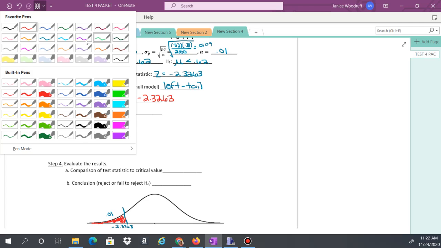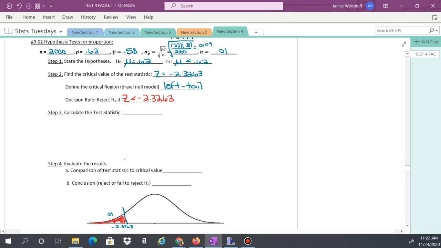So now we're going to calculate this. We're going to do z equals p hat minus p over the standard deviation of p hat, based on this data here. So our p hat is 0.58, our p is 0.62, our standard deviation of p hat is 0.0109.